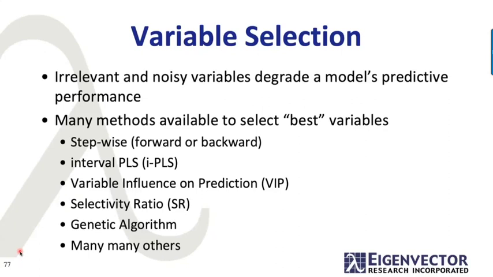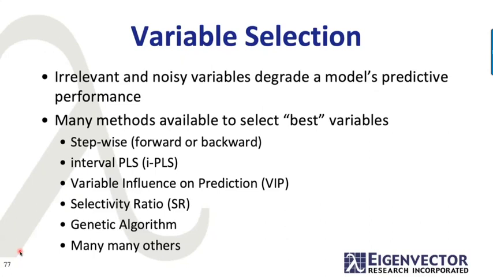Methods to do that include stepwise, forward or backwards, interval PLS, looking at the loadings plots and using the variable influence on prediction to select what variables to use, or the selectivity ratio. You can do it with genetic algorithms, and there are many, many others. The ones that I've listed are ones that we actually support, but there are a lot of other ones out there.